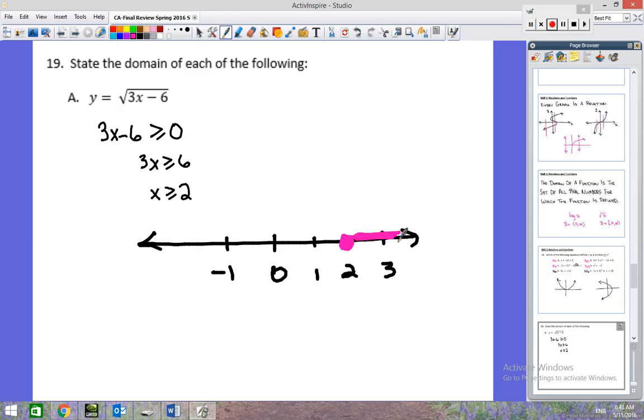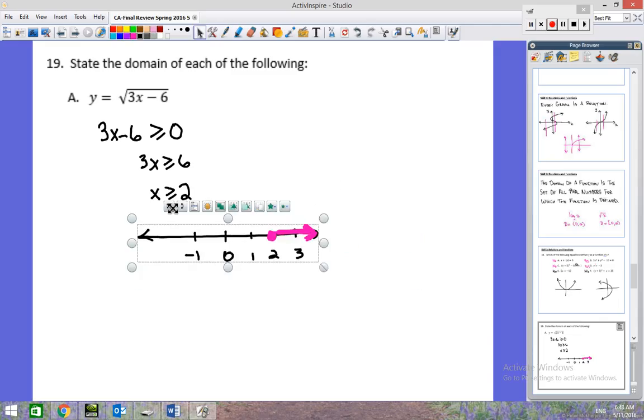I'm interested in this set of numbers, all of the numbers that are greater than or equal to positive 2. And we typically represent that using interval notation.